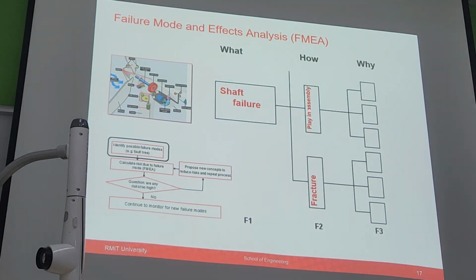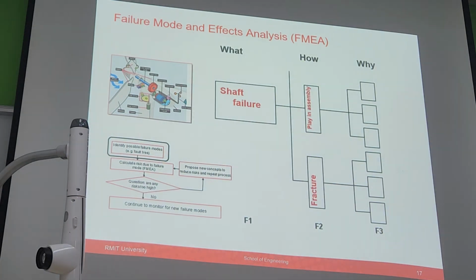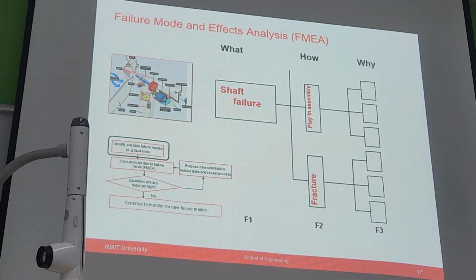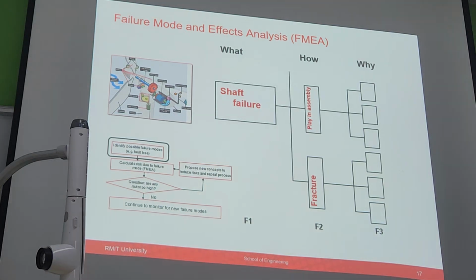Maybe how, actually, how means type or mode. It means fracture or play in assembly. We have a how. Please write it in your paper. Shaft failure. One of them is play in assembly and fracture.